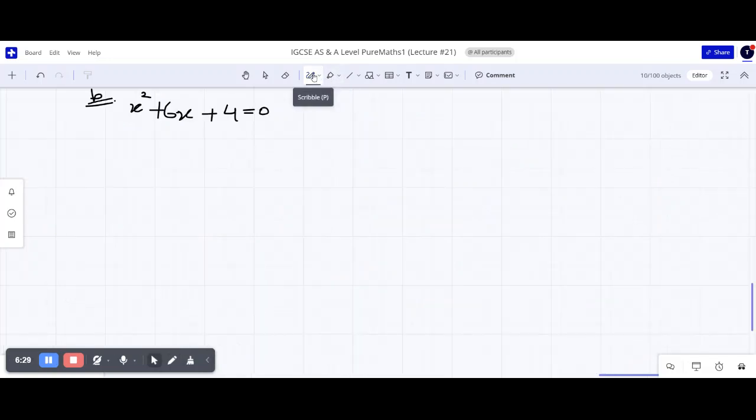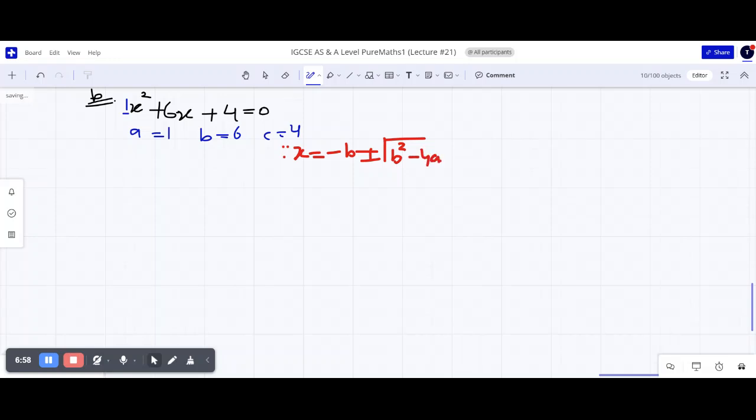Part B is x squared plus 6x plus 4 equals 0. So now a equals 1 because there is no coefficient, it would be 1, b equals 6 and c equals 4. So the quadratic formula, which is x equals minus b plus minus root b squared minus 4ac divided by 2a.